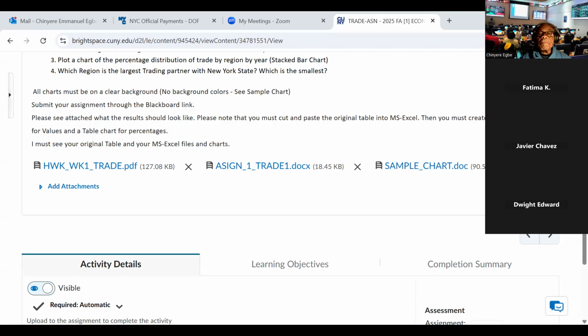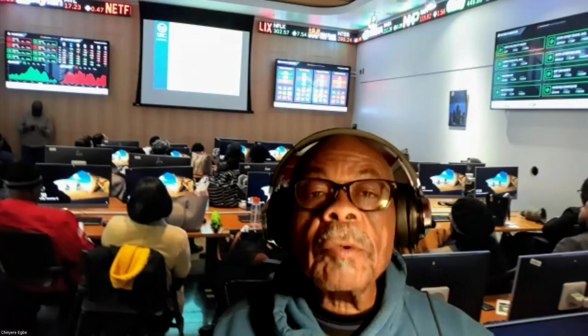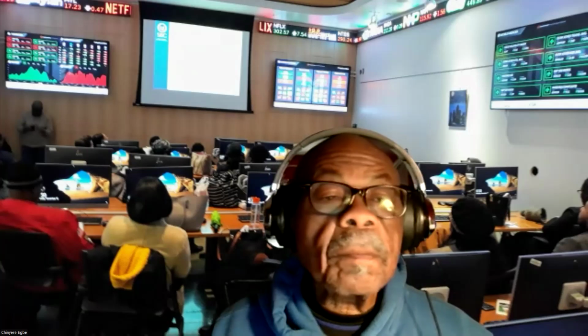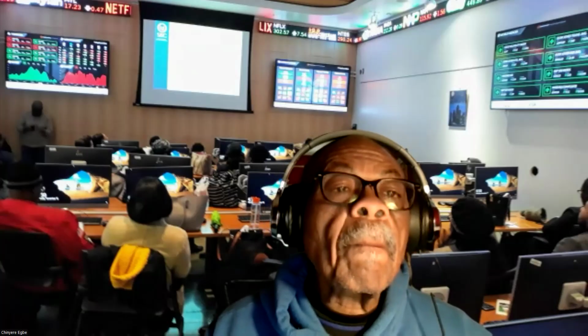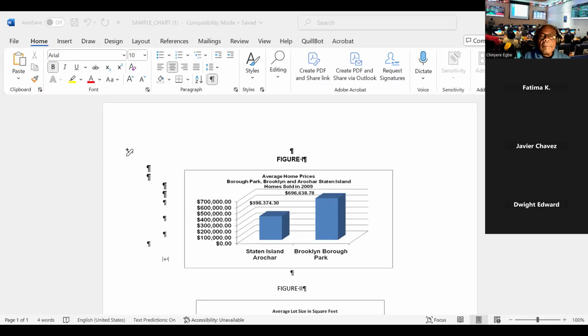And I'm going to share it again. You see it now? Yes, I can see it now. Okay. So this is an example of what your chart should look like.